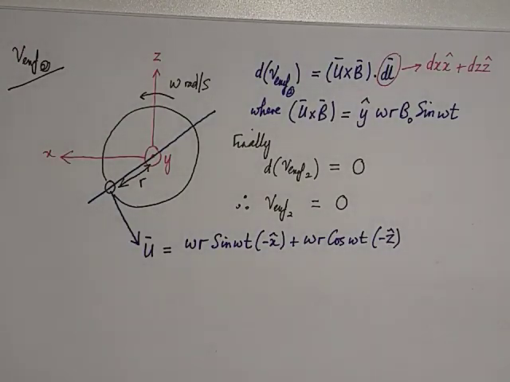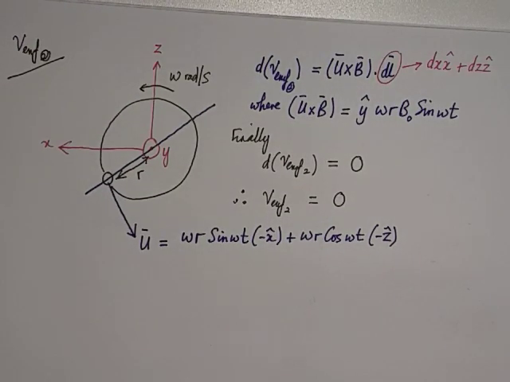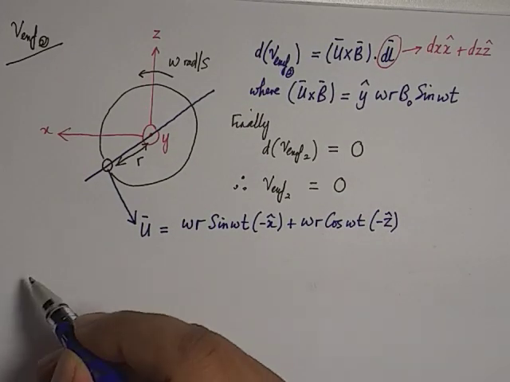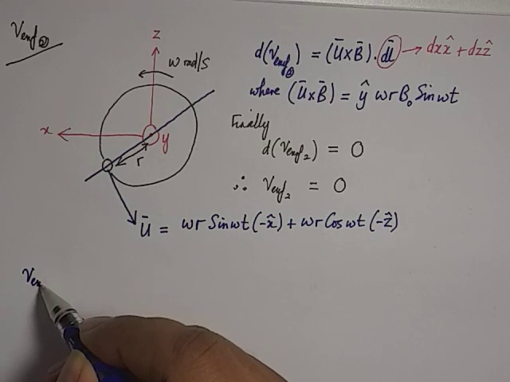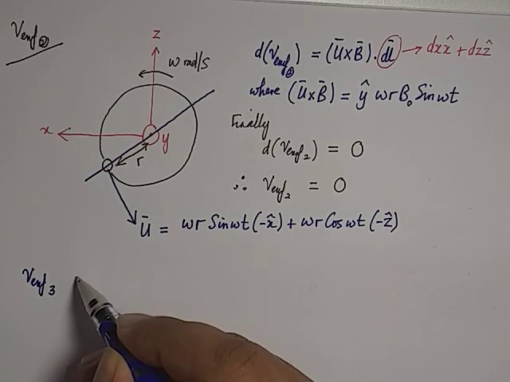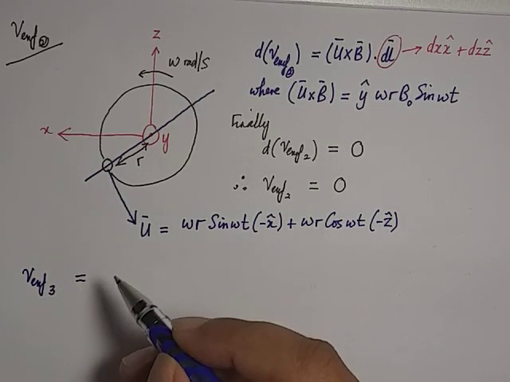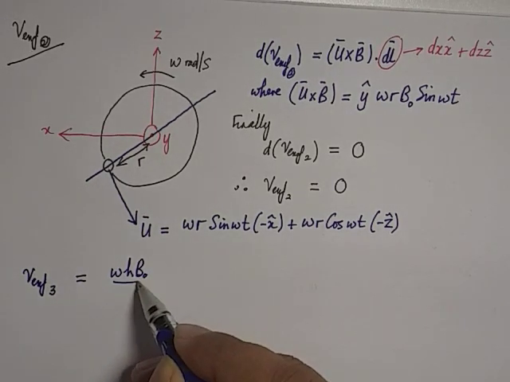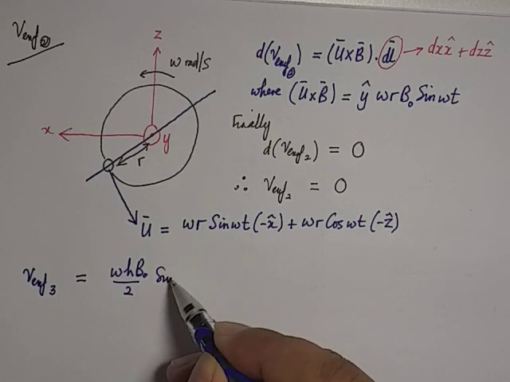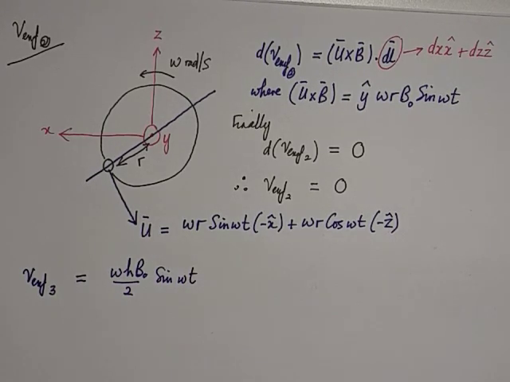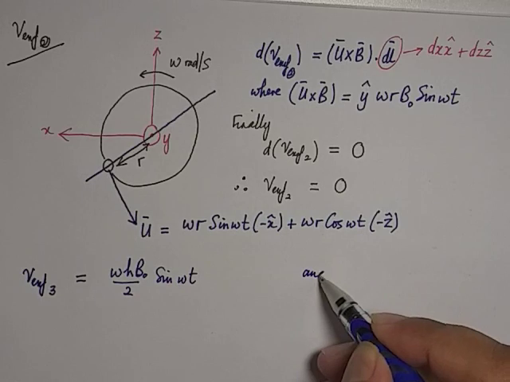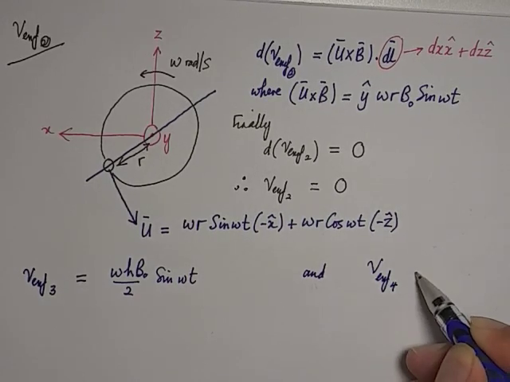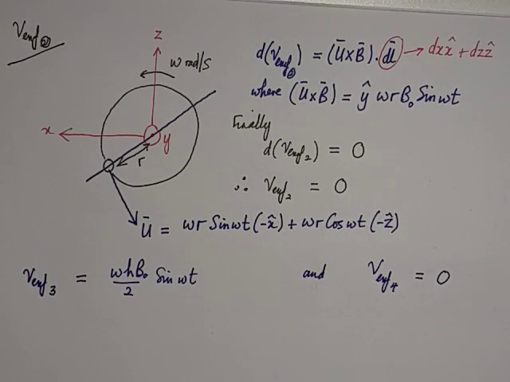If you repeat this method yourself, you are going to prove that V EMF of side number 3 is equal to omega H B naught over 2 sine omega t, and V EMF of side number 4 is equal to 0.